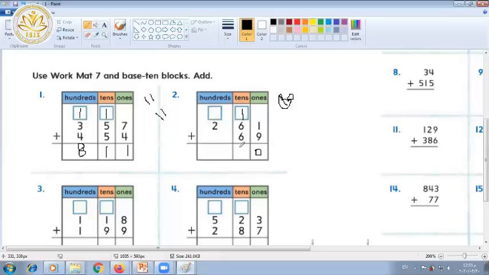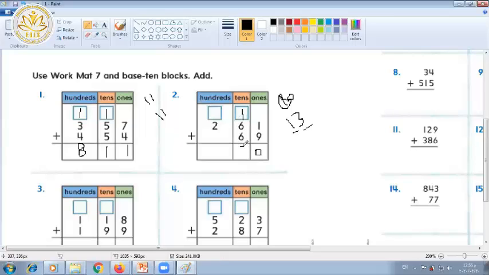7 plus 6 equals 13. That's right. Now the 13 I have, is it 13 ones or 13 tens? Good job, 13 tens. That means I have 3 tens and 10 tens. And the 10 tens will make what? A 100. Good job.